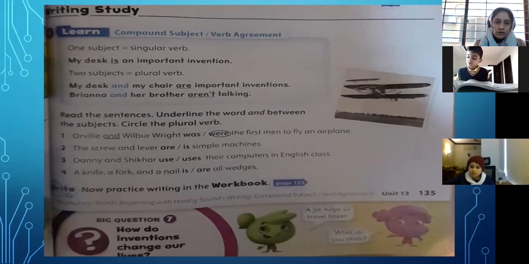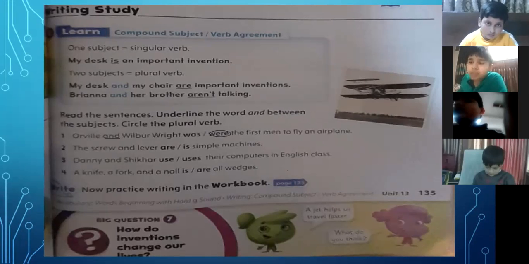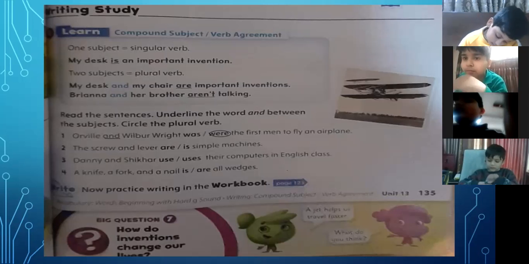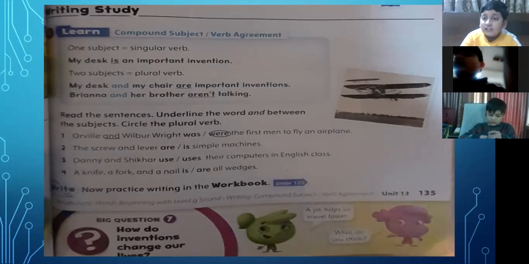Number two, the screw and lever are simple machines, or the screw and lever is simple machines. So who will tell me the answer? Let me ask Mustafa Wasim. Yes, Mustafa Wasim, tell me the correct answer, please. The screw and lever are simple machines, or the screw and lever is simple machines? The screw is simple machines.